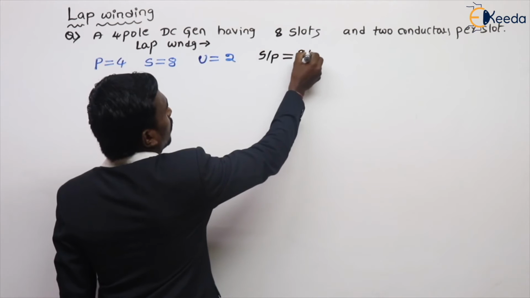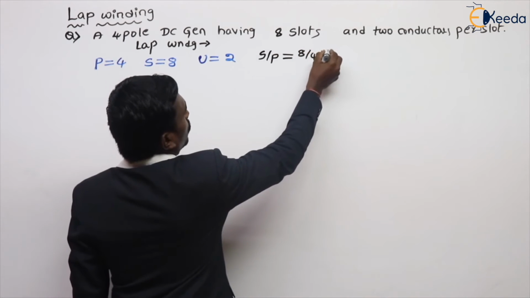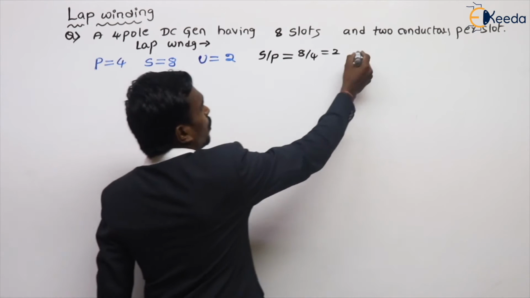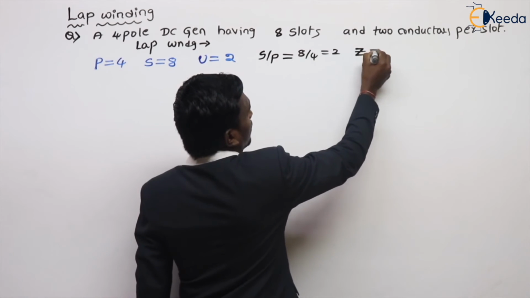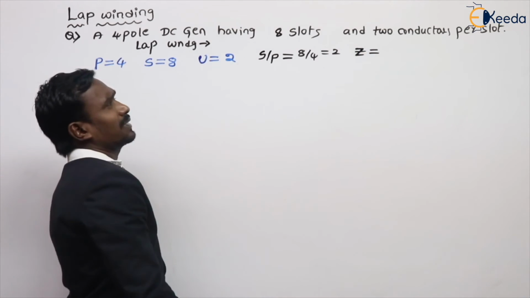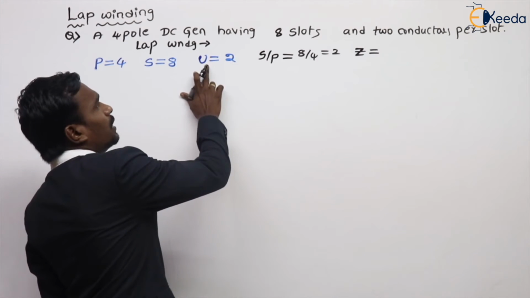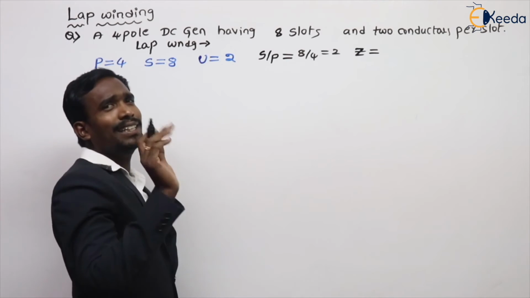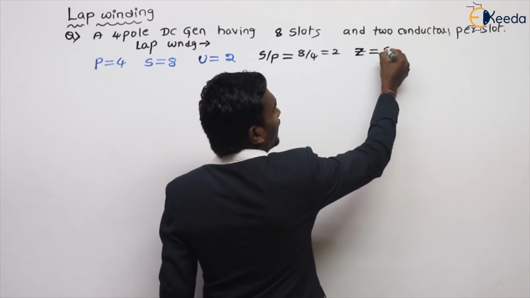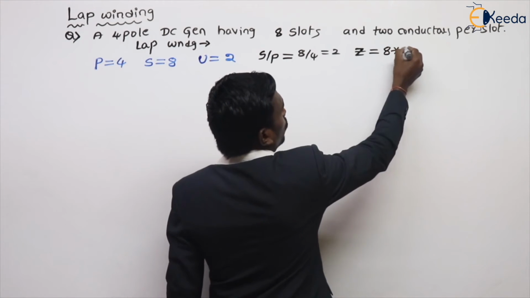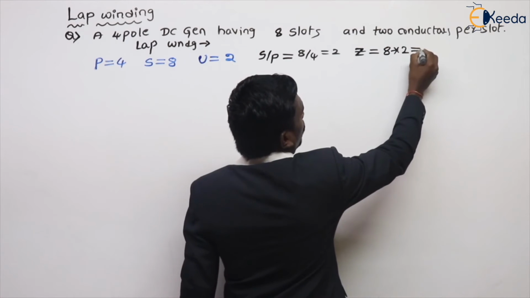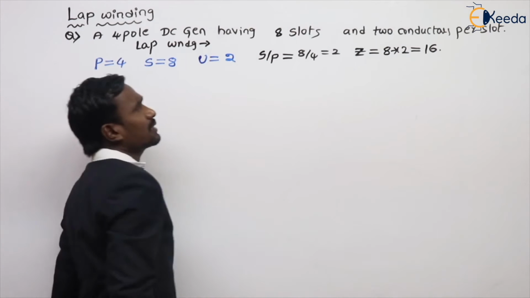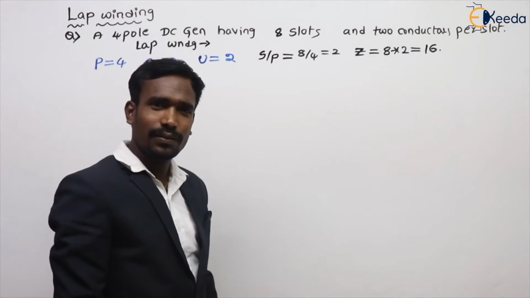Slots per pole is equal to 2 actually. But what is the total number of conductors? 2 conductors per slot, and totally I have 8 slots. So 8 2s are 16. I have 16 conductors here.